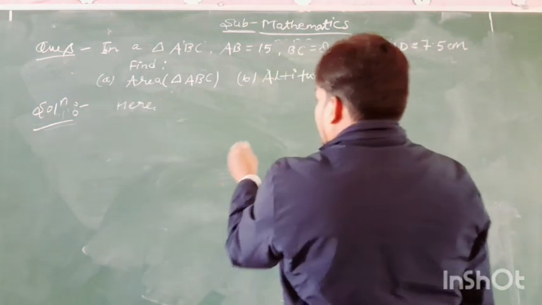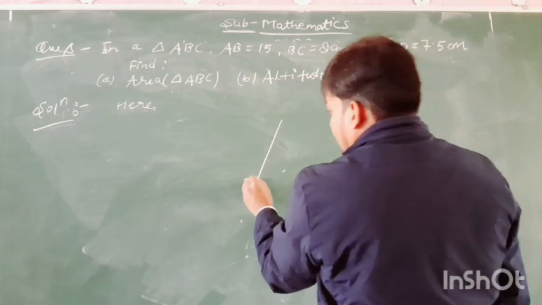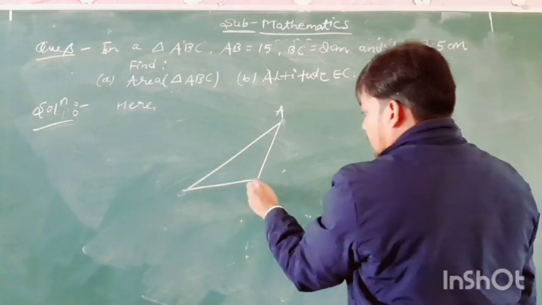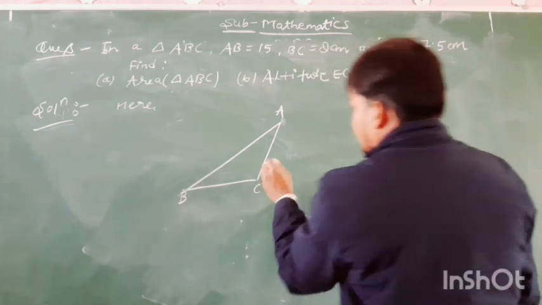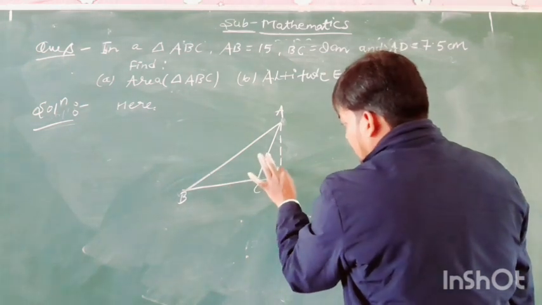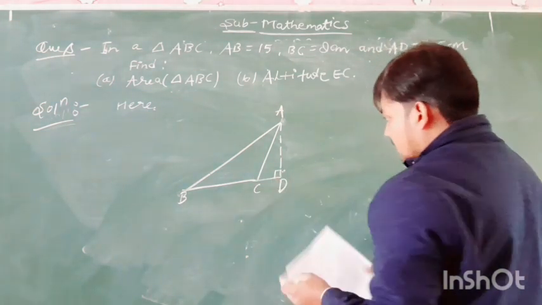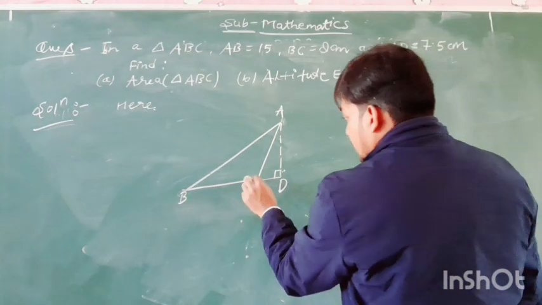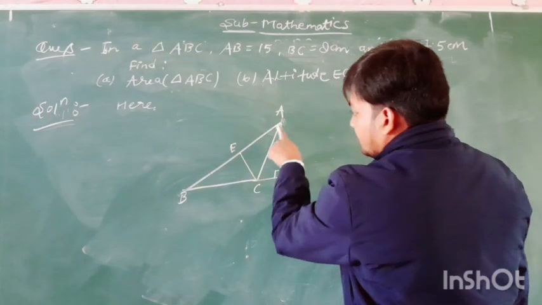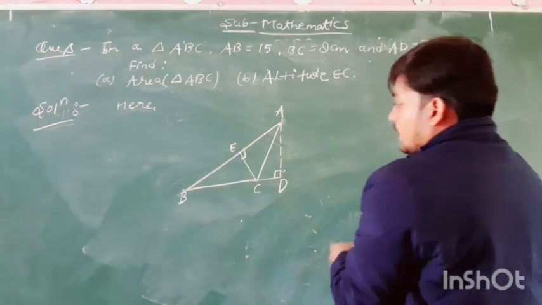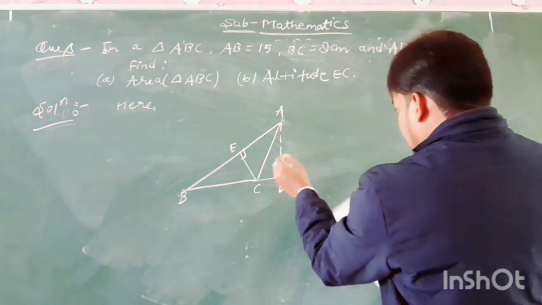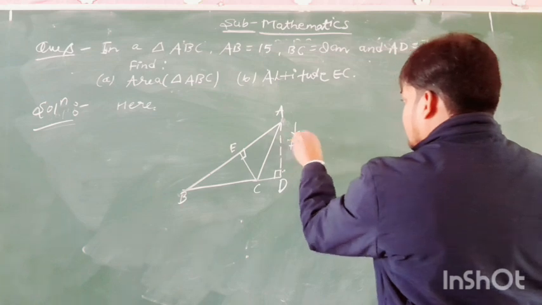Here triangle ABC, here the vertices A, B, C and the perpendicular which is given AD, and the perpendicular which is given that EC is perpendicular on AB, and AD is the height of the triangle, and measure of AD is equal to 7.5 centimeter.